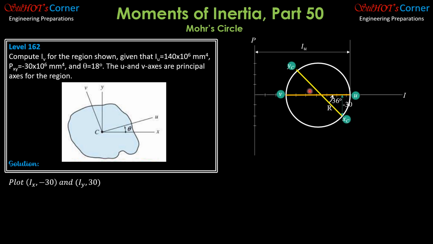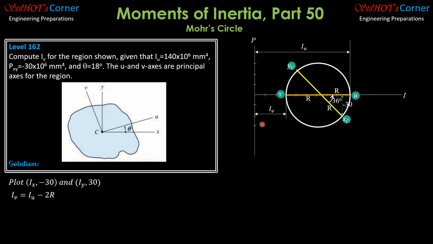This is the radius of the Mohr circle, R and R. So this is I sub v, and we can compute that after we solve for R, because from the figure, I sub v plus 2R equals I sub u, or I sub u minus 2R equals I sub v.